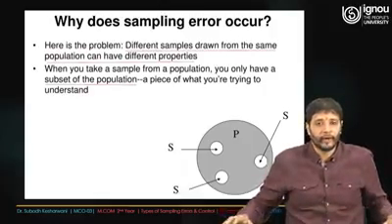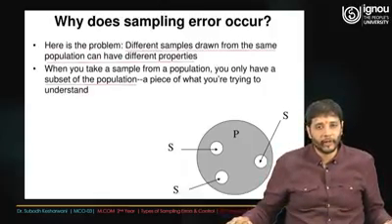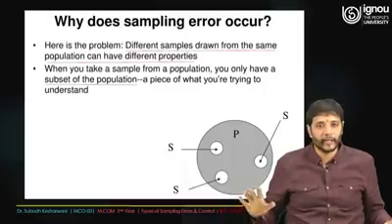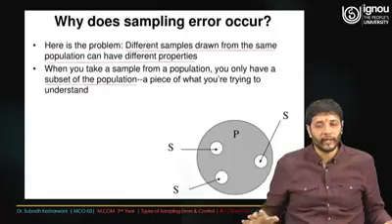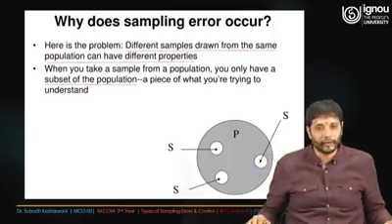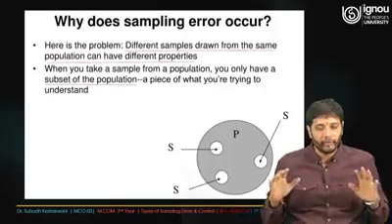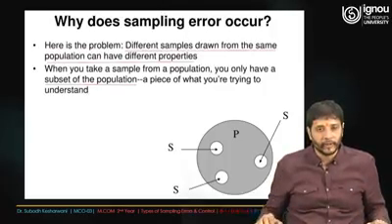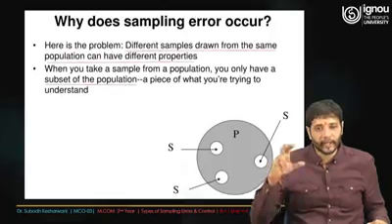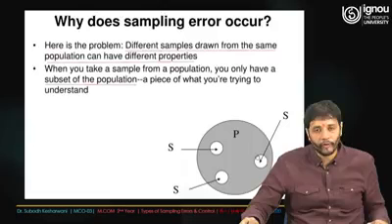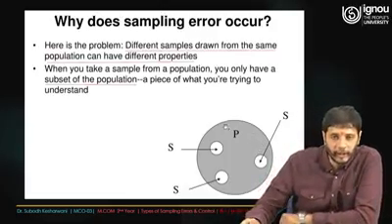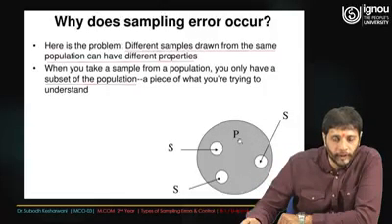So anyway, now we will talk about why sampling error occurs. Here is the problem. The problem is that different samples drawn from the same population can have different properties. That is very true. And when we are going to collect the sample from one of the zones, if you see this particular image, you will find the whole grey circle is the population, and you have got some 3 or 4 small white circles.